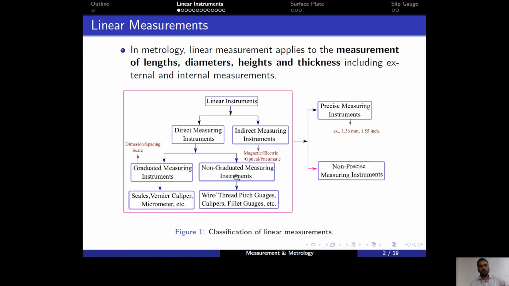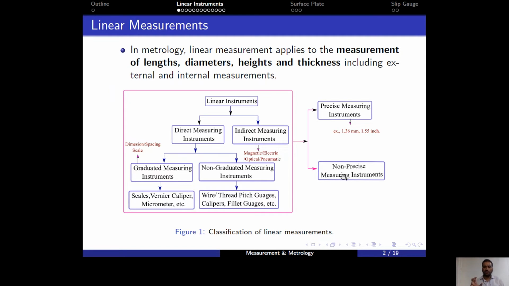Non-graduated measuring instruments are those where there is no measuring scale on the instrument. Some examples I have listed over here, which I'll cover in my further slides. These linear instruments can also be classified as precise measuring instruments and non-precise measuring instruments.